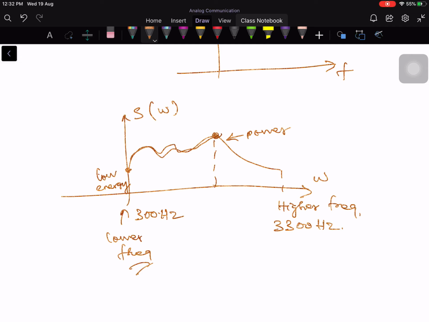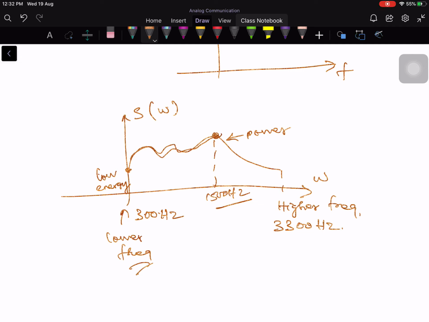It reaches some peak energy at about a few hundred hertz, maybe let's say 1500 hertz, roughly. It varies from person to person. The plot will vary from speaker to speaker, and with the information that you are speaking. Even when the same person speaks, sometimes he speaks very loudly and sometimes slowly, with a normal pace, so then also it changes.